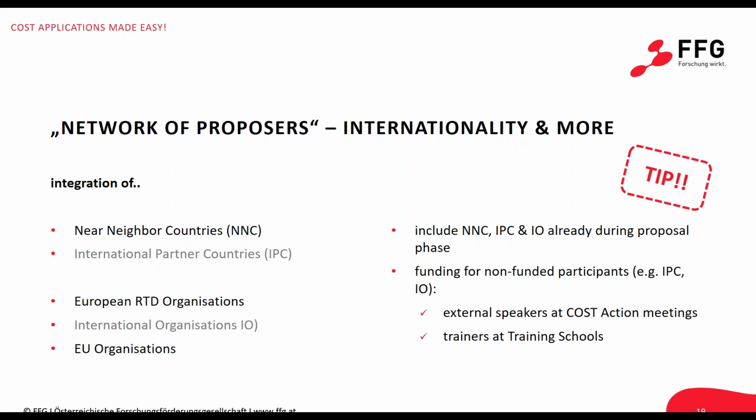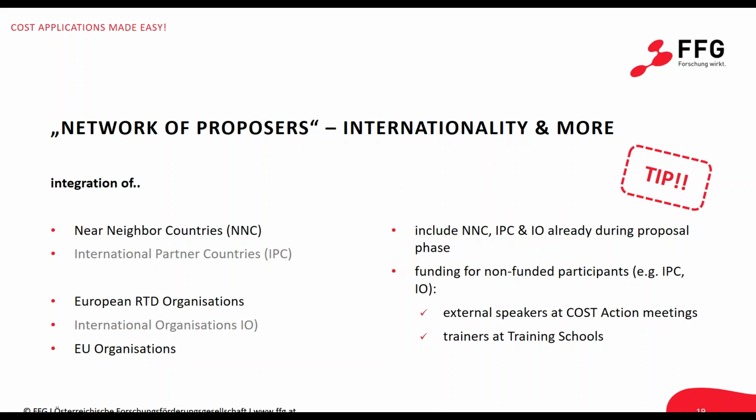And then we talked about international partner countries and international organizations who do not receive funding, and that's of course an issue sometimes when you say, okay, this person from the US would be really highly interested, but they don't receive any funding, so they would have to travel at their own cost. Here there are a few options.